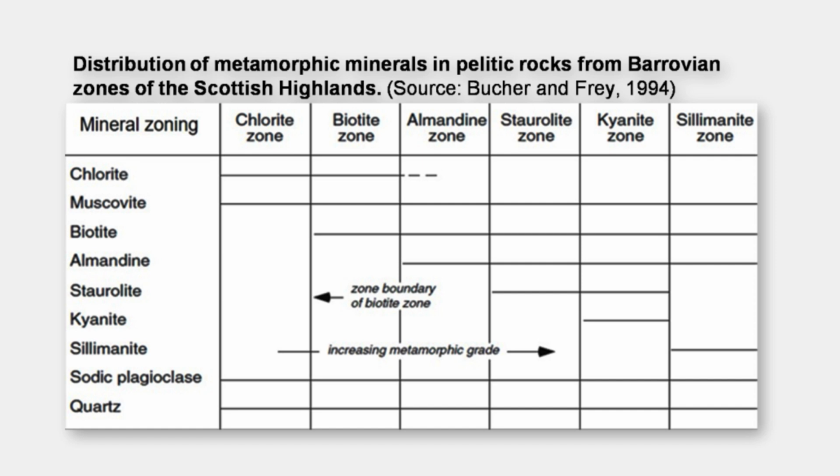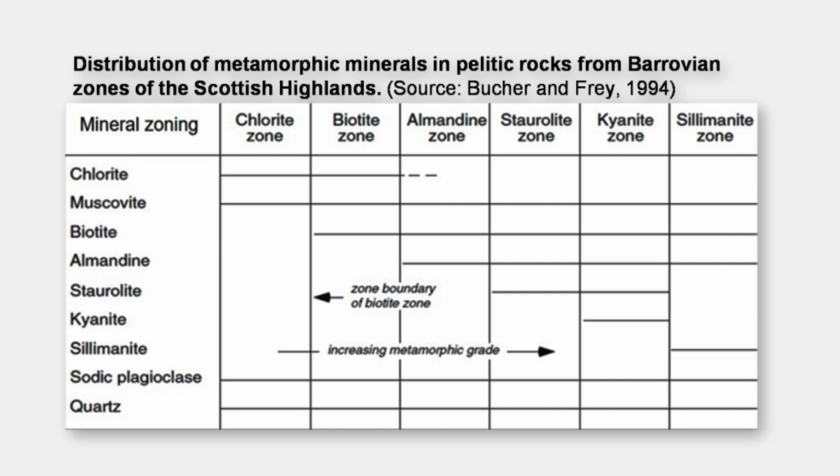Almandine zone starts from almandine to staurolite, kyanite and sillimanite zone. Increasing metamorphic grade is up to sillimanite zone. Sodic plagioclase exists everywhere, quartz exists everywhere.